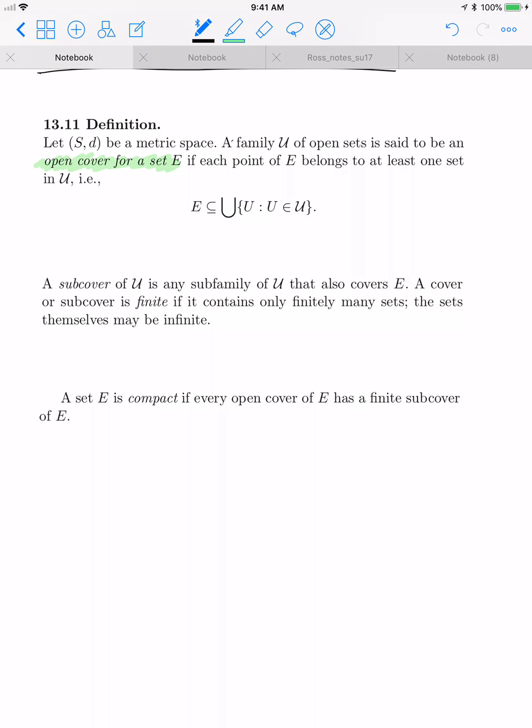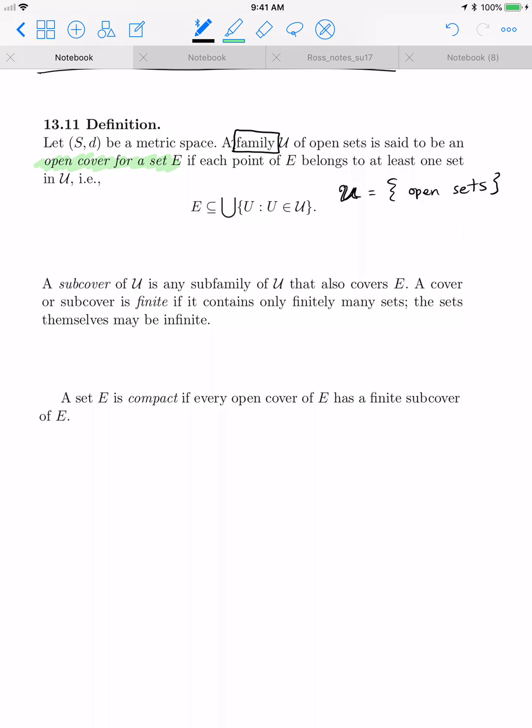The idea is that script U is going to be some set of open sets. Now, things can get tricky when you're talking about sets of sets. So instead of saying a set of open sets, we'll stay safe and just use the phrase family. So script U is some collection or family of open sets.